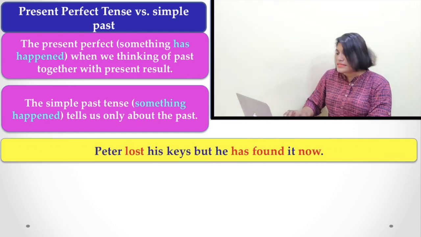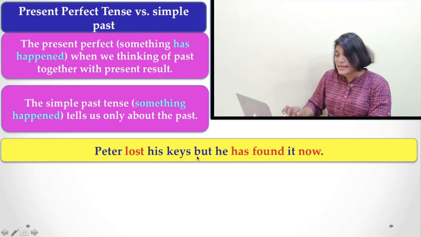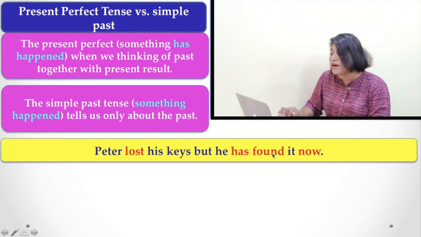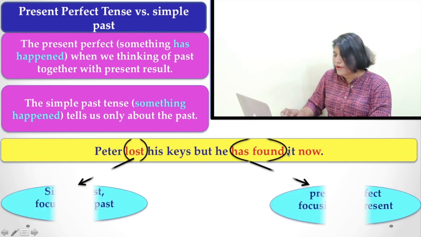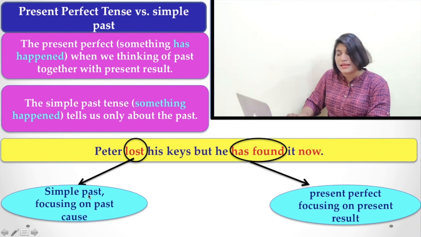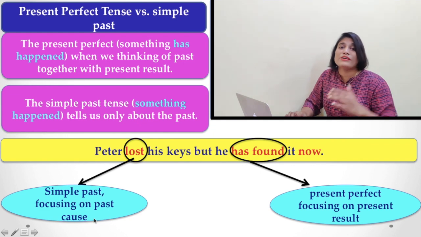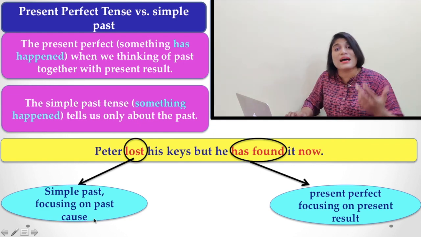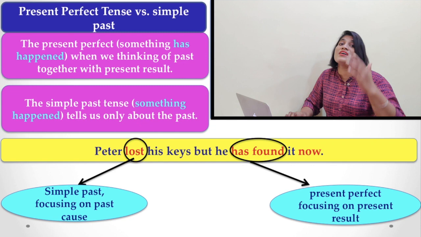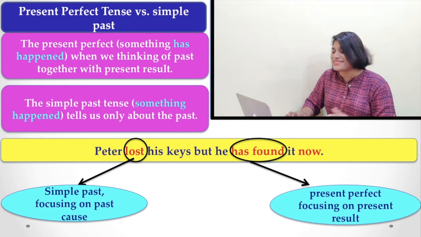Here, Peter lost his key, but he has found it now. Here you find simple past focusing on past cause. This is important. When we are focusing on the past cause, you have to use simple past tense.